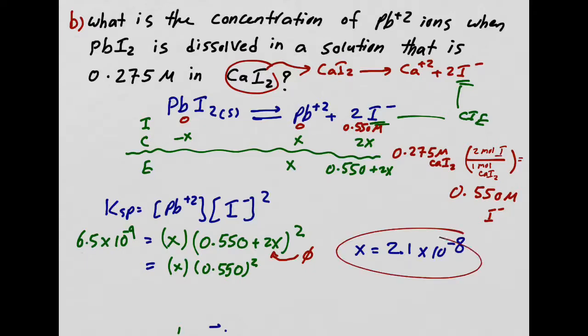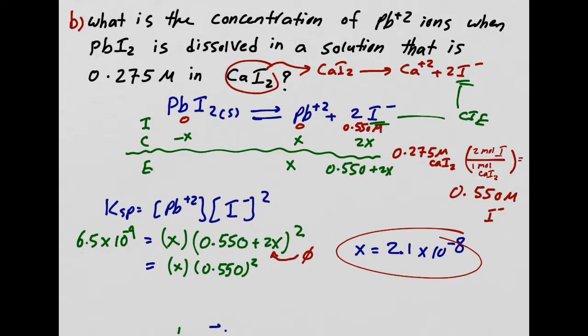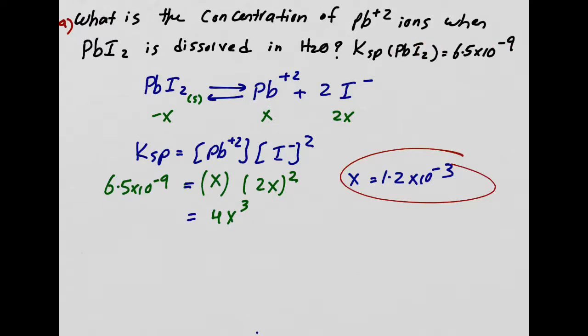Now, does this make sense? My molar solubility, which is the same as the lead 2 plus ion. Did you expect it to go down? We did expect it to go down. We've talked about this before. Why did we expect it to go down? Because this is an equilibrium, right?